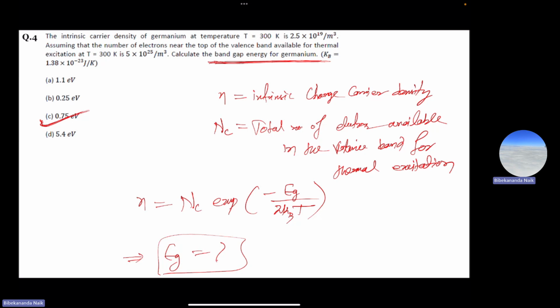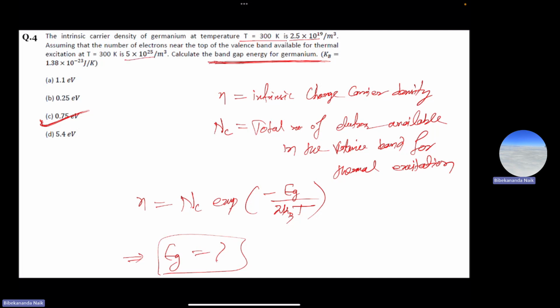So the band gap energy for germanium is 0.75, which is the obvious thing because we know the band gap energy for germanium is about 0.7 electron volt. But one more thing, the temperature here is 300 Kelvin, the intrinsic charge carrier density is in the order of 10 to the power 19 per meter cube, and the total number of electrons available is 10 to the power 25 per meter cube.